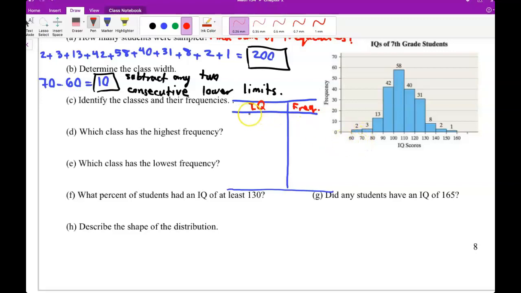This one is 60 up to 69, which is 69.9999.